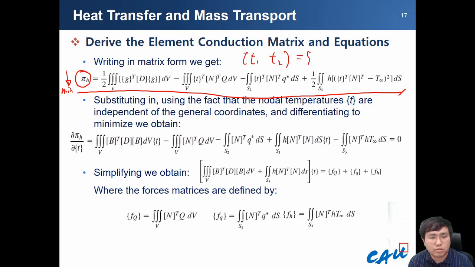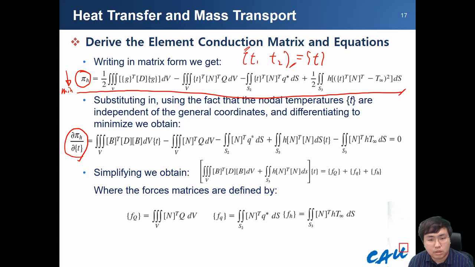To minimize the energy, the only way to handle it is controlling the temperature variable. For each temperature element, the energy must be minimized. That means the partial differential of the total energy with respect to the temperature variable becomes equal to 0.